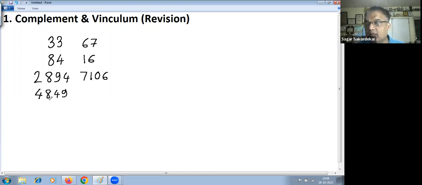So we just subtract all from 9, last from 10. 9 minus 4 is 5, 9 minus 8 is 1, 9 minus 4 is 5, and last from 10, 10 minus 9 is 1. If you add this, you will get 1 followed by 4 zeros. Like this, practice a number of problems. Take any number, find the complement. If you add, the answer should be 1 followed by zeros.